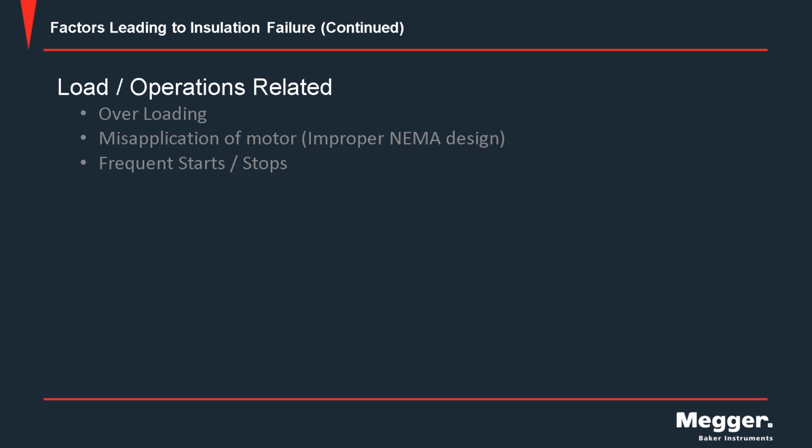Frequent starts and stops. This is, how do you clear a paper jam? You just hit that jog button, right, until the system starts running again. And that's definitely not the right answer. There are limitations. ESA has a nice book that they hand out that includes a table that tells you how often you can start a motor and how much time you should wait between starts.